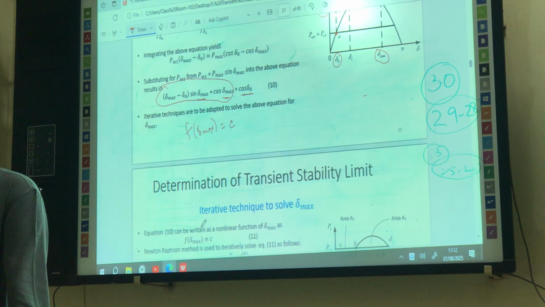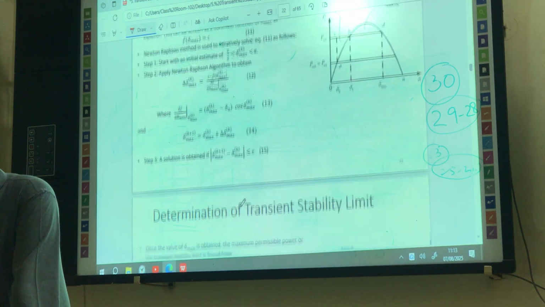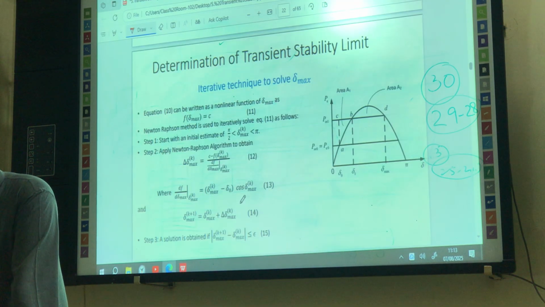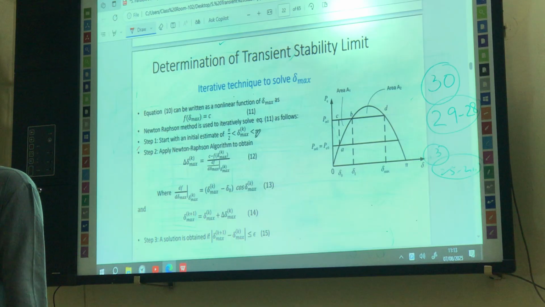What is the step for the Newton-Raphson method? The first step, you have to make some initial guess. Here you can make an intelligent estimate. You already know that this delta max will lie between pi by 2 to pi, or from 90 degrees to 180 degrees.